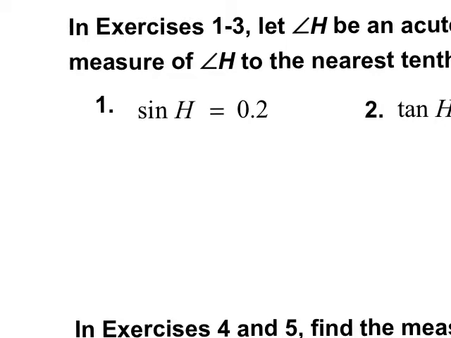So we are trying to find the measure of angle H here. The way that we are going to do that is through the sine inverse. How we set this up, it kind of gives it to you. We want the sine inverse of that 0.2.